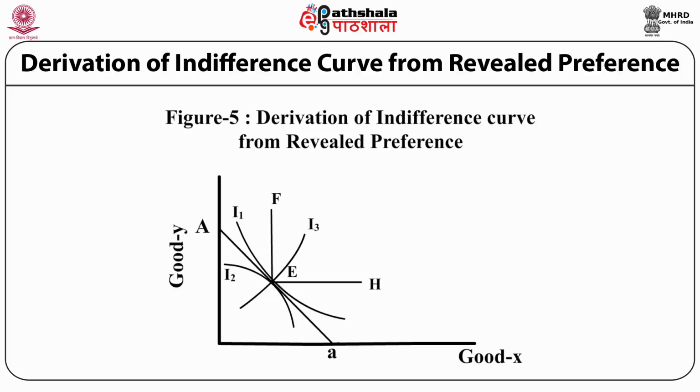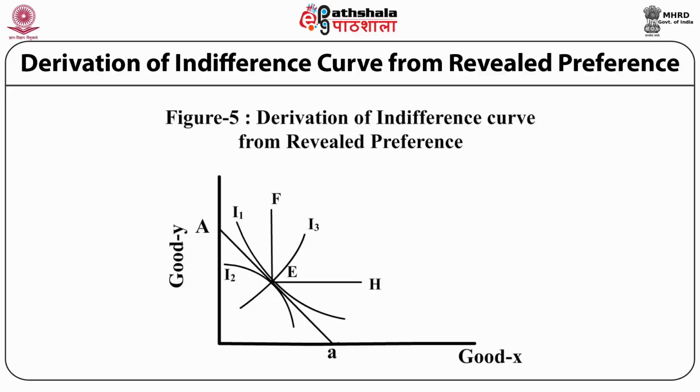First, take the case of the straight line indifference curve AA. This shape is not valid, because all other points except E on AA were shown inferior in the previous figures. Now, the moment the indifference curve passes through the inferior zones, the consumer would not be following the consistency assumption.